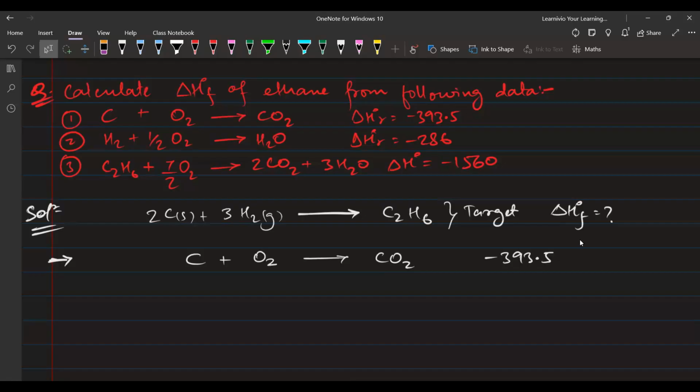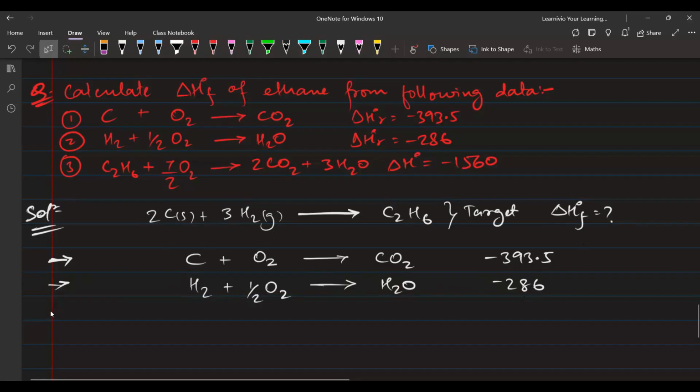Reaction 2. Same side or opposite side? Same side, na? So in the target, it is in the reactant, or given में भी reactant में ही है. So H2 plus half O2 gives H2O. This is having minus 286.